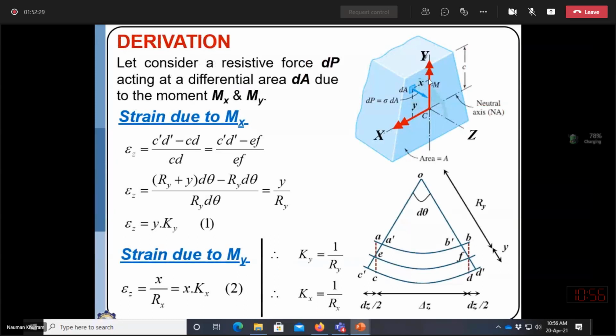So x bar will be 0 if we are along the y-axis, and y bar will be 0 if we are along the x-axis. So it will only be 0 if the point is situated along the centroid or along any of the principal axes. At any other point situated at a distance x and y from the respective neutral axes, we will definitely have some stress component.